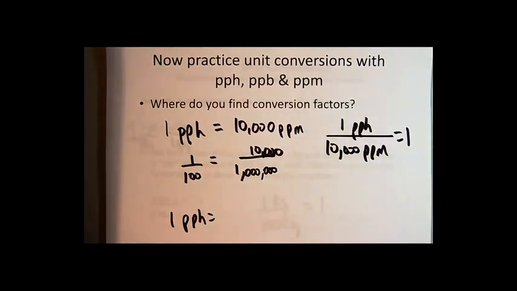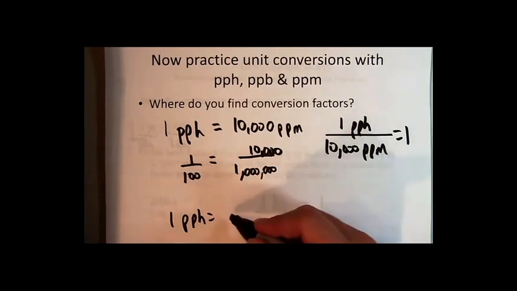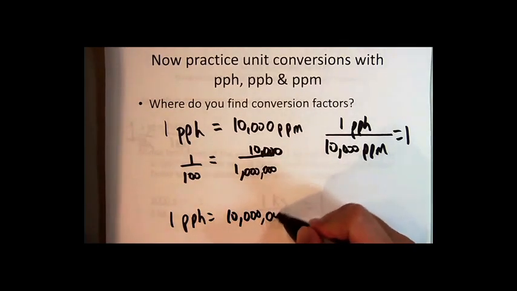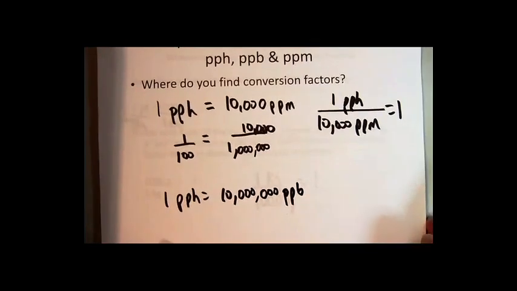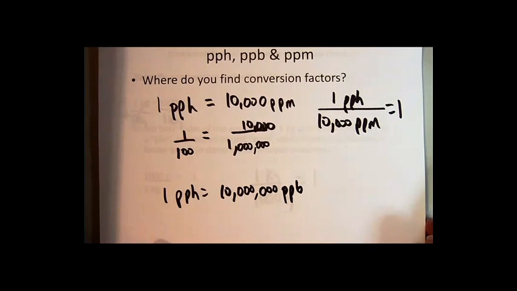Okay, a billion is 1,000 times more than a million. So what do you think? It's just going to be 10 million parts per billion. 1 part per 100 is the same as 10 million parts per billion.